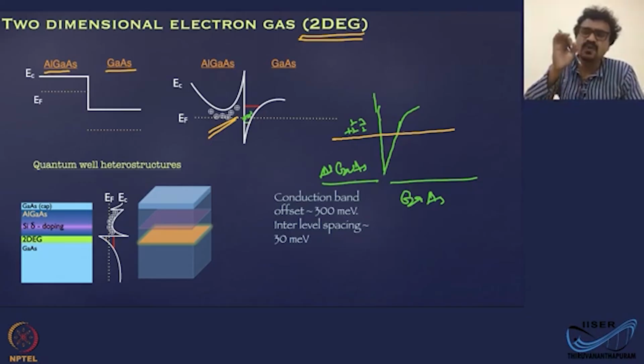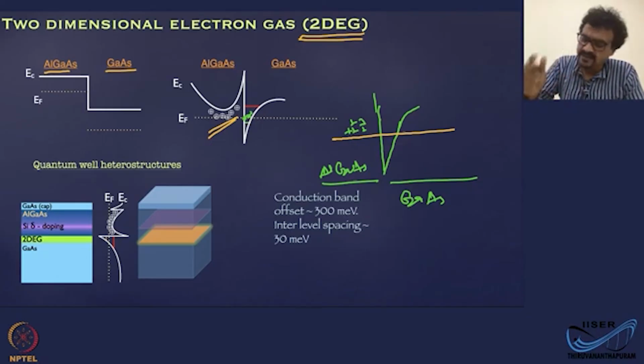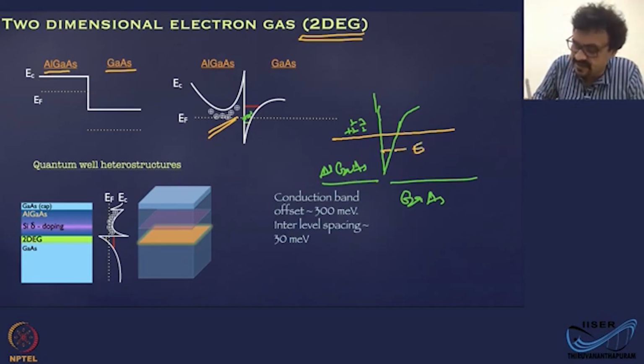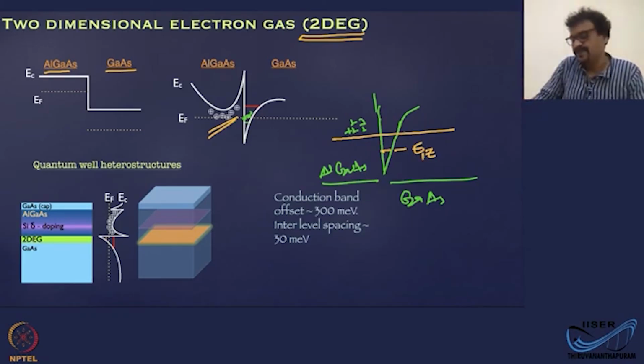So you can put the right number of dopants and put the right number of electrons, because dopants will ionize, so that only the first level, I would say, in the Z direction, E1Z, is populated.